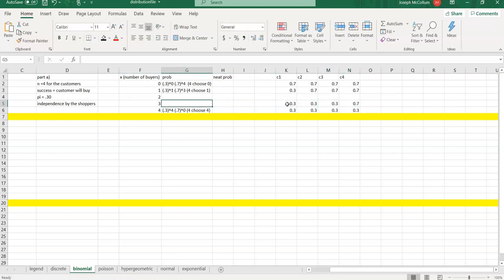So once again, because of independence, I got 0.3, I'm multiplying 3 times. I got a 0.7 for the 1 person that said no. And think about this. Of the 4 people, we want to choose 3 of our closest friends to do it. Or the other way to look at it is there's 1 person that says no. And so you can think of it in the complement, 1 person out of the 4 has to say no.